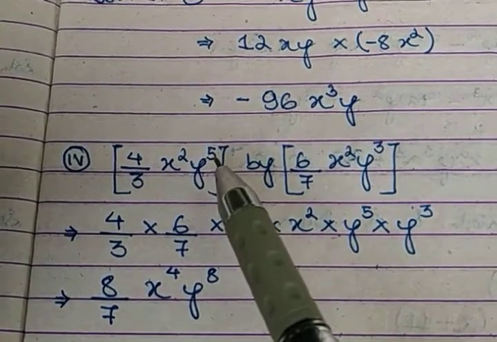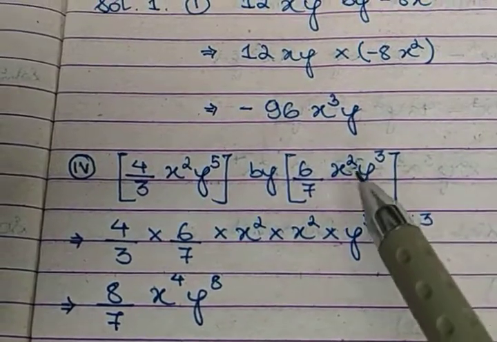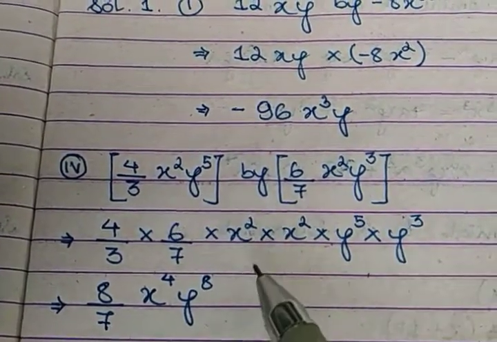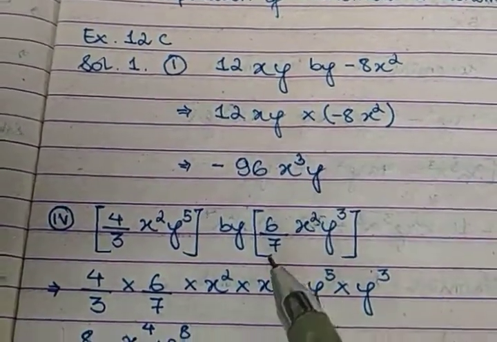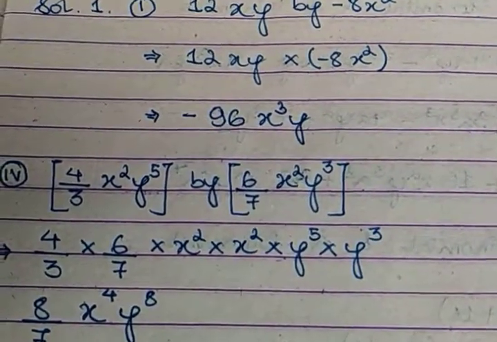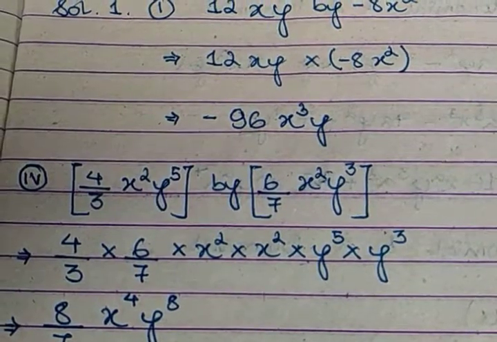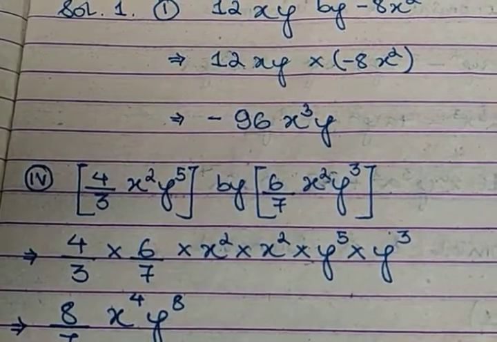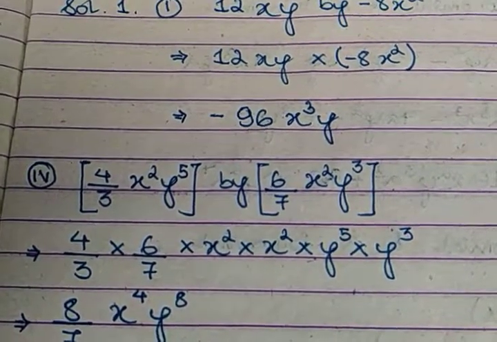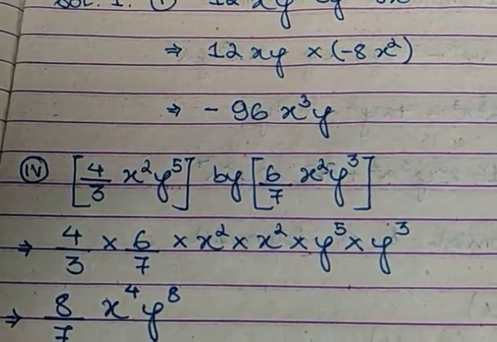See, x to the power 5, y to the power 3. Though these two terms are unlike terms, similarly the first two terms were also unlike terms. In multiplication and division, unlike terms can be multiplied and can be divided as well. Remember, unlike terms.